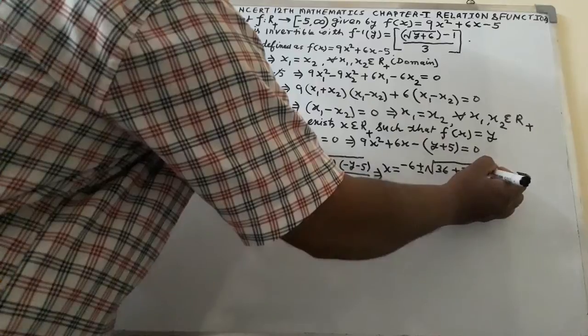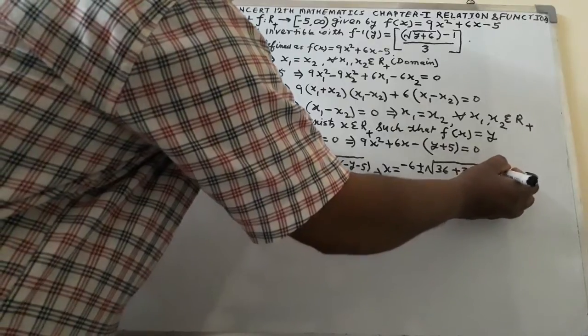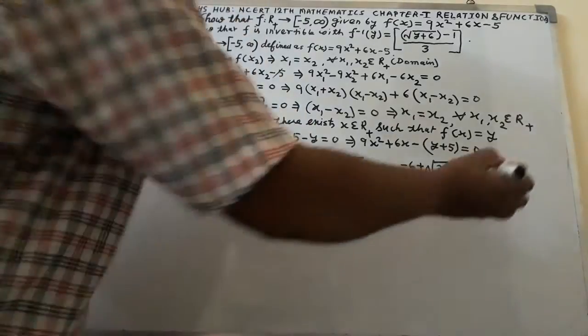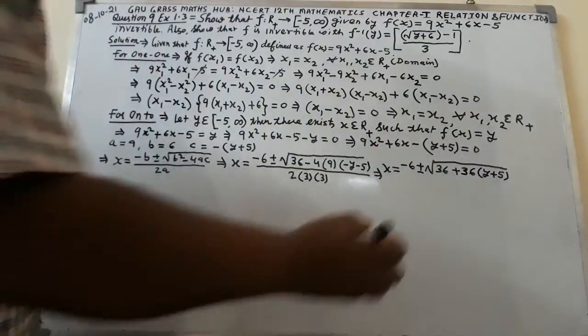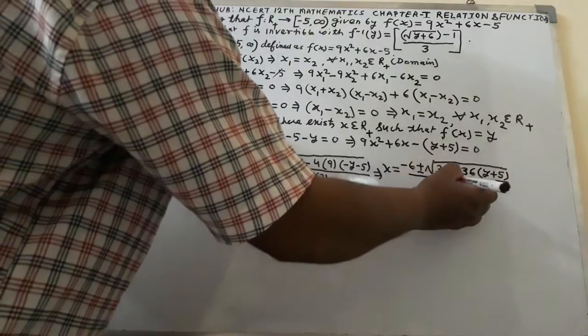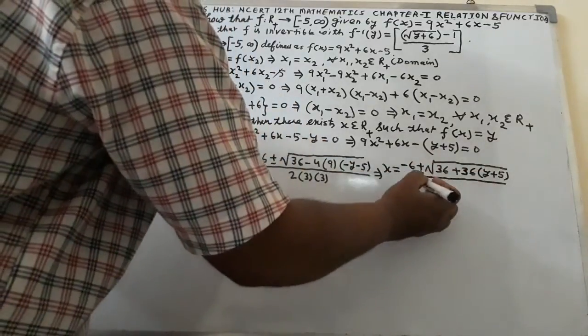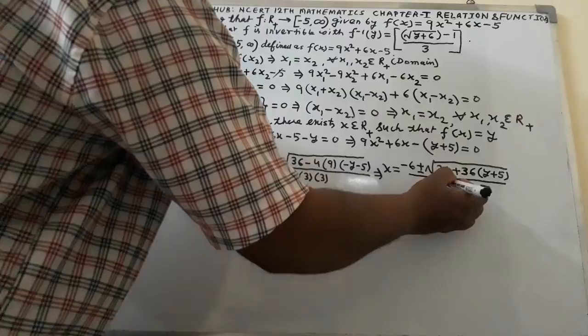In bracket I shall write y plus 5, whole over 3 into 2, 6. In bracket 3.